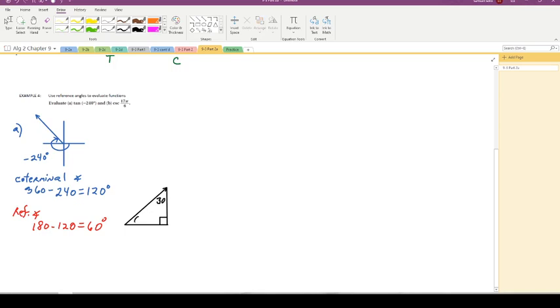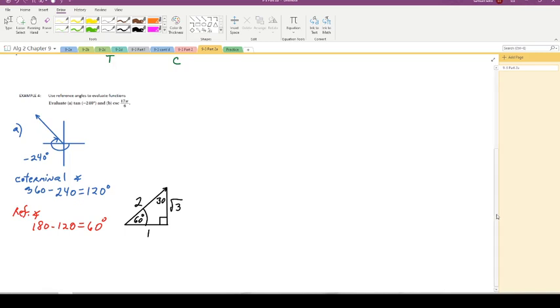Let's say this is 60. And you should know that in a 30-60 right triangle, across the 30 is 1, the hypotenuse is 2, and the other side is the square root of 3. So in order for this to be true, I need to look.